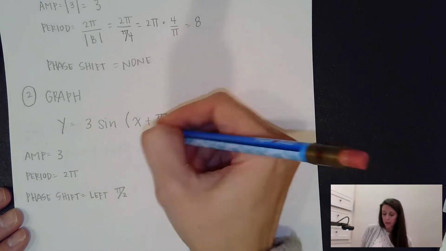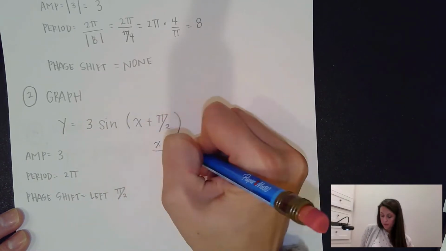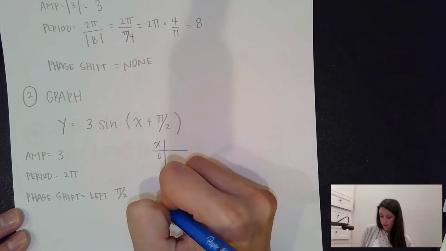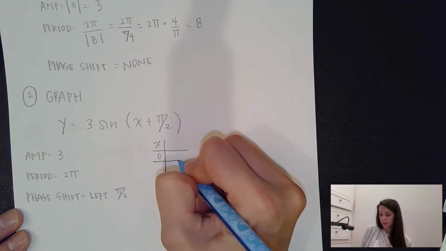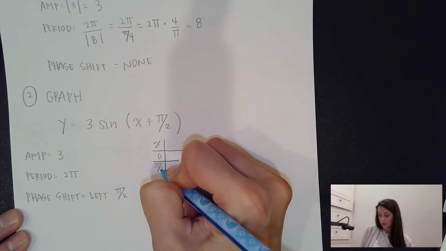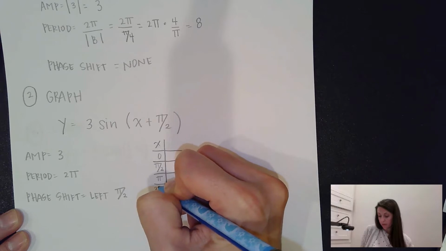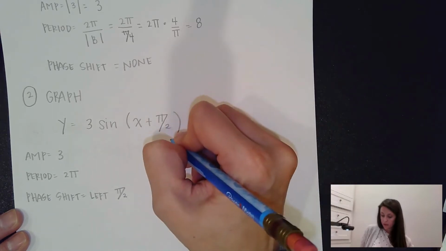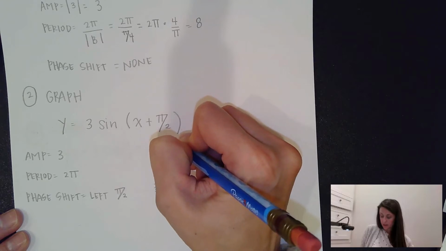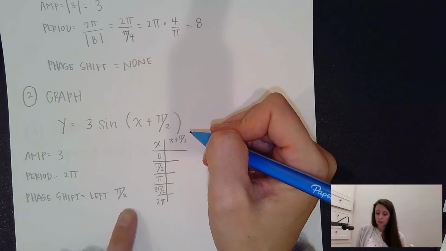Okay, so my regular period here is going to be from 0 to 2 pi, right? And all the values in between: 0, pi over 2, pi, and 3 pi over 2, and then back to 2 pi here. But I have a phase shift of x plus pi over 2. So that means I'm shifting it to the left pi over 2.